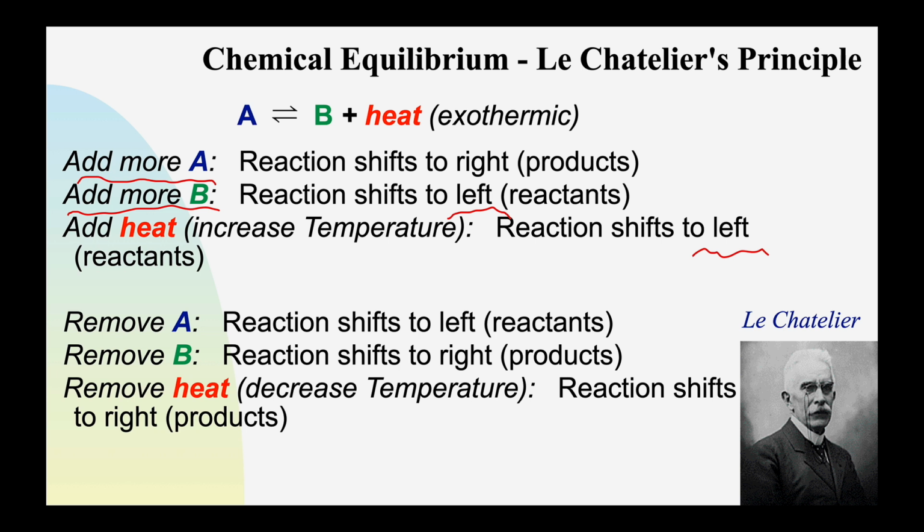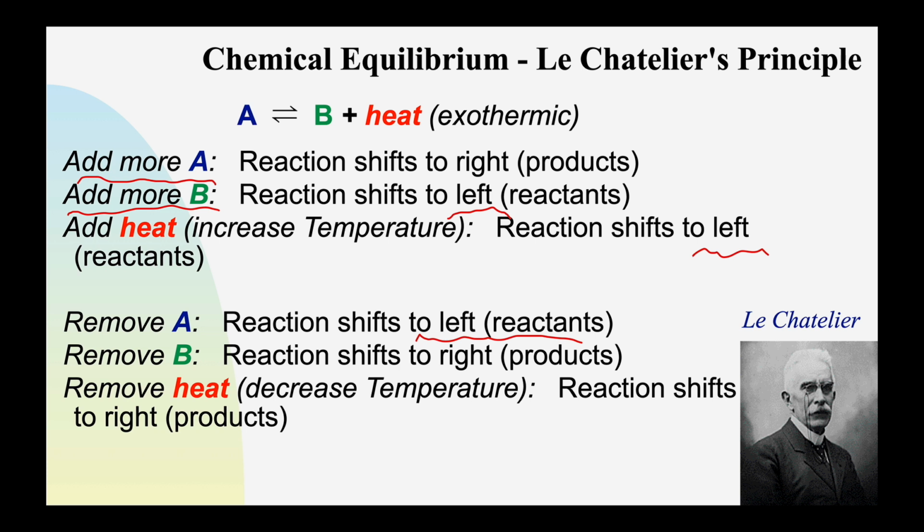Now, the lower examples are the same thing, except now we're taking away instead of adding to. And if you take it away, it's going to shift to the side that you're taking it away from. So if you start removing reactant from this reaction, the reaction's going to shift to the side with the A. It's going to shift to the left, the reactant side.